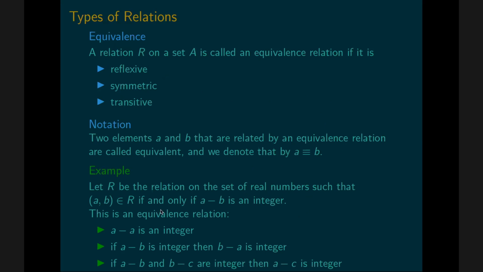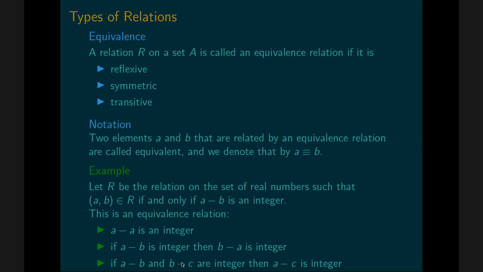For example, we have the relation that A and B are in R if and only if A minus B is an integer, where A and B are real numbers. So this is an equivalence relation because it is reflexive: A minus A is 0, which is an integer.